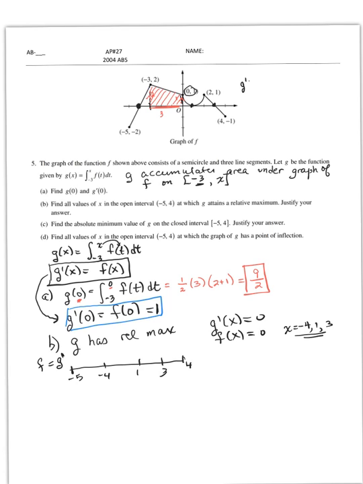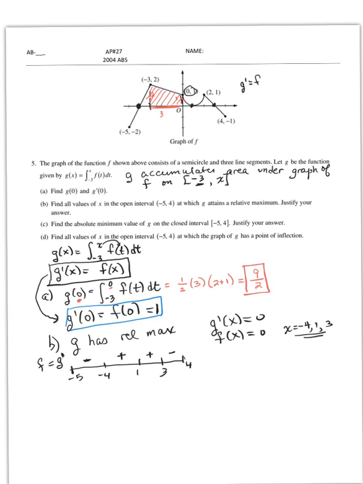And when we want to see when that derivative is positive or negative, we look at the graph of the derivative of g when it's above or below the x-axis. So from -5 to -4, the graph of the derivative of g is below the x-axis. From -4 all the way to 1, above the x-axis. From 1 to 3, above the x-axis, and from 3 to 4, below.